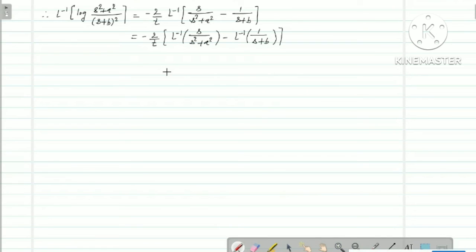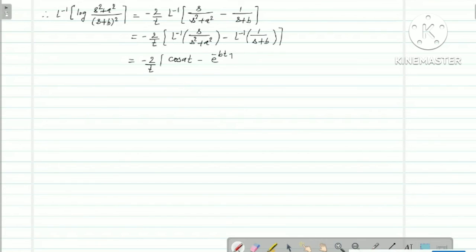So this equals negative of 2 by t, L inverse of s upon s square plus a square is cos at, minus L inverse of 1 upon s plus b is e raised to minus bt.